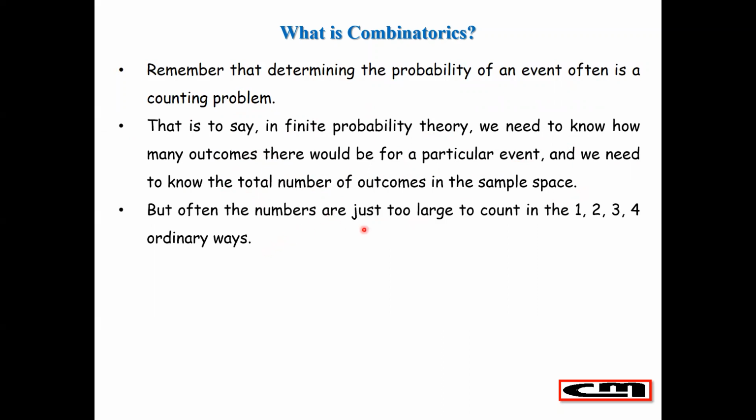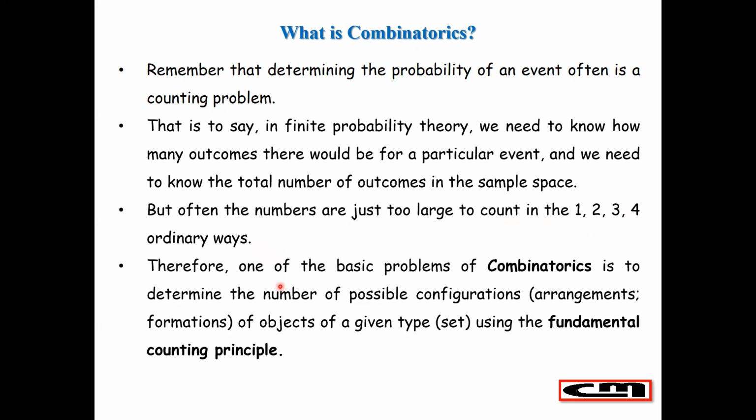But often the numbers are just too large to count in the 1, 2, 3, 4 ordinary ways. Therefore, one of the basic problems of combinatorics is to determine the number of possible configurations of objects of a given type or set using the fundamental counting principle.